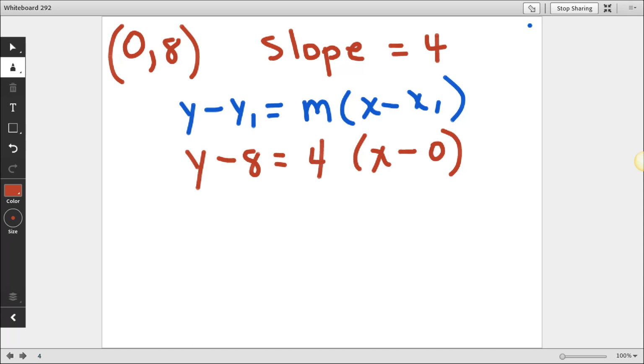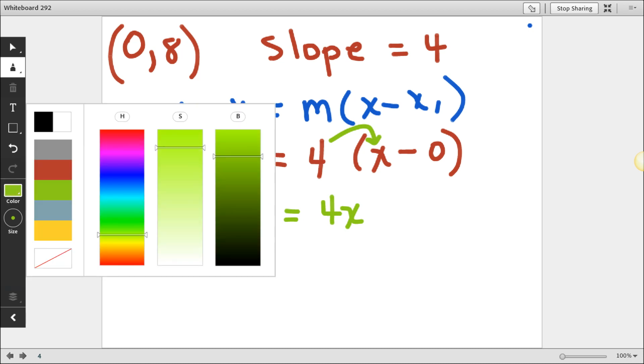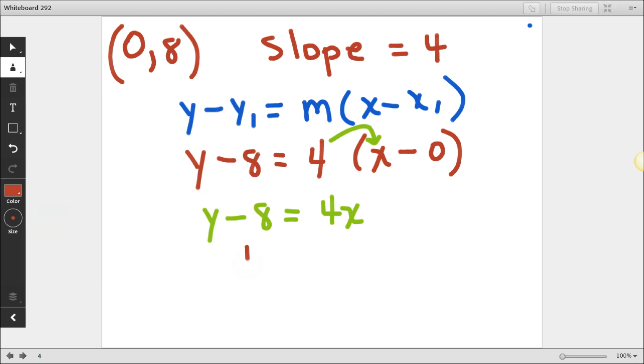All right, so what can we do to simplify here? Well, x minus 0, that's just x. So I can go straight to distributing here, and we're going to end up with y minus 8 equals 4x. We don't need the 0 anymore. It's not necessary. And again, we got one step here. We're going to add 8 to each side.